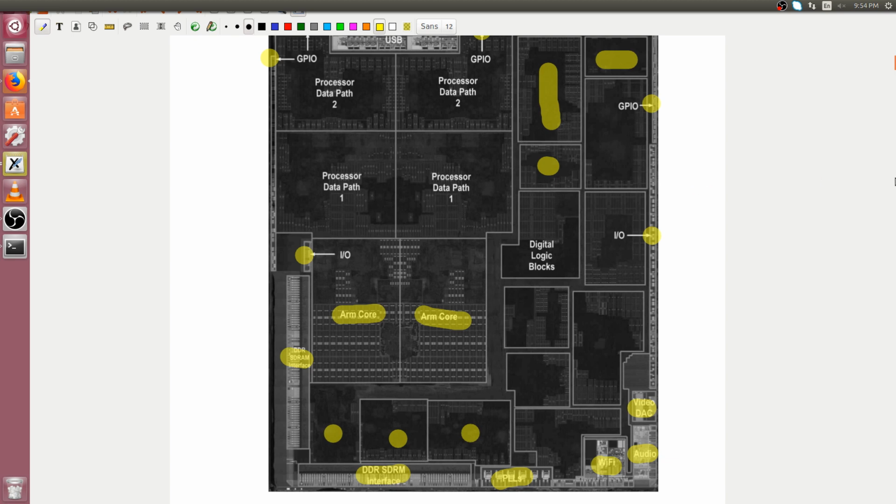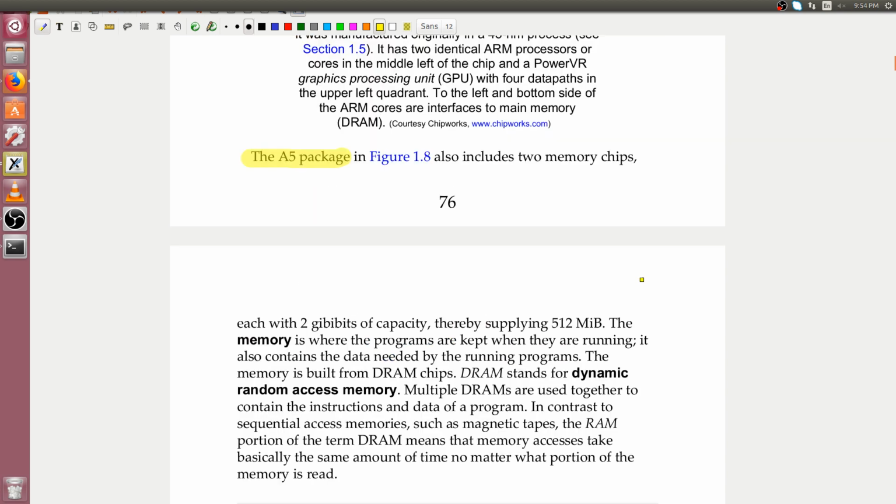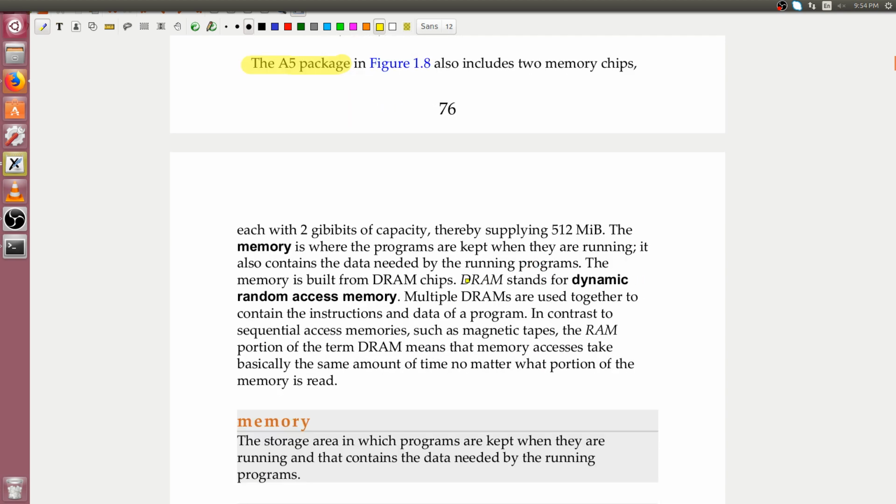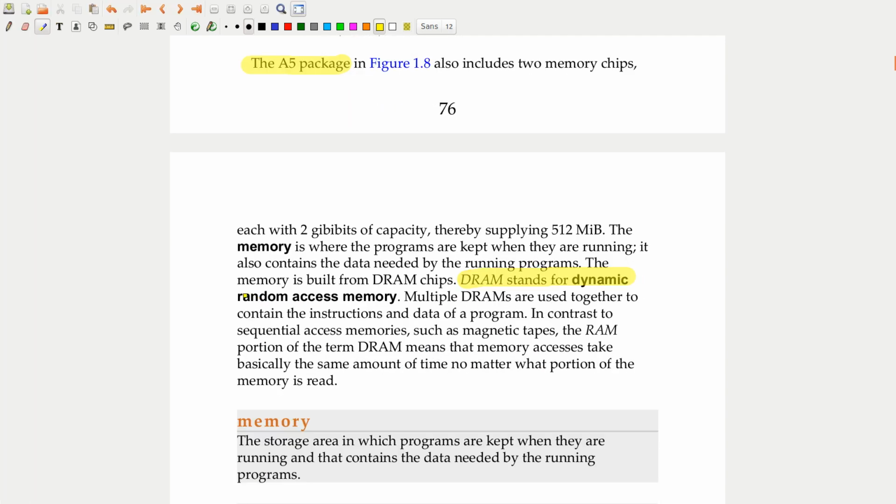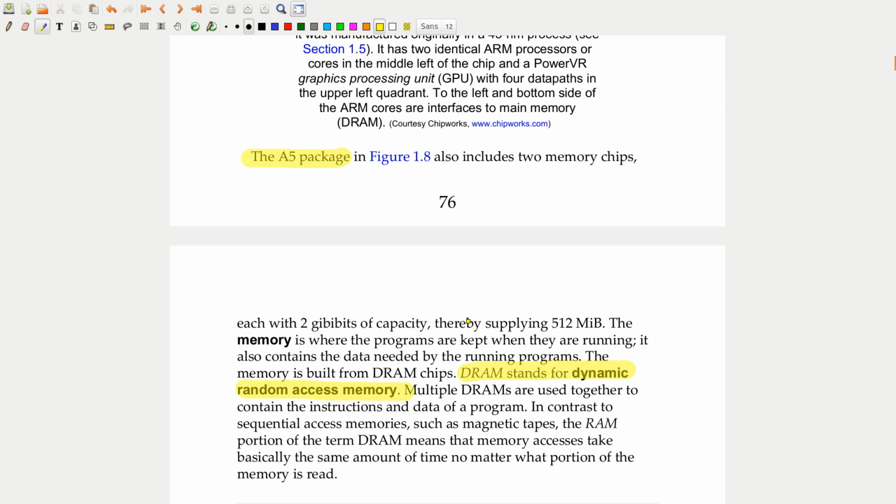Okay. So let's see what else we have. Let's move on. DRAM stands for Dynamic Random Access Memory. Multiple DRAMs are used together to contain the instructions and data for the program. So we have instruction memory and data memory. That's important to understand.